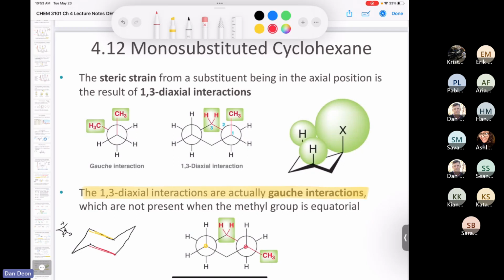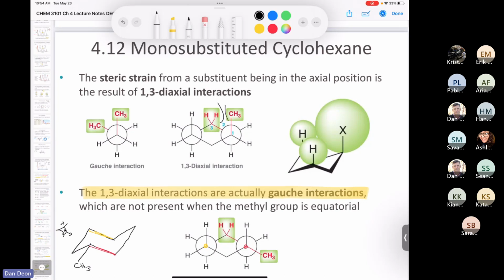If you have a methyl group, it would be right here. This is the CH3 group. You would see that the methylene in the back, you have no 1,3 diaxial interactions in this conformation, but if it was axial, then you would have the 1,3 diaxial interaction there. Again, I'm not going to quiz you on that a whole lot.